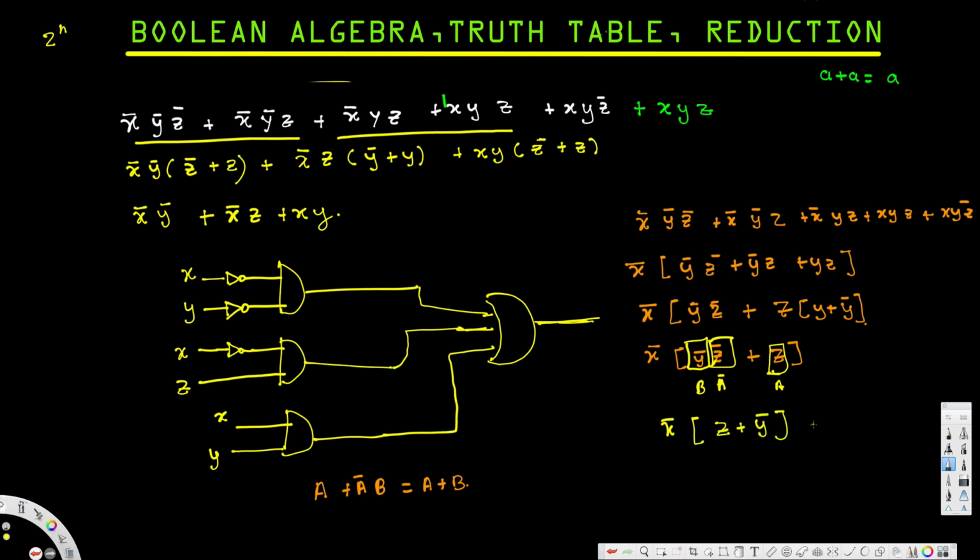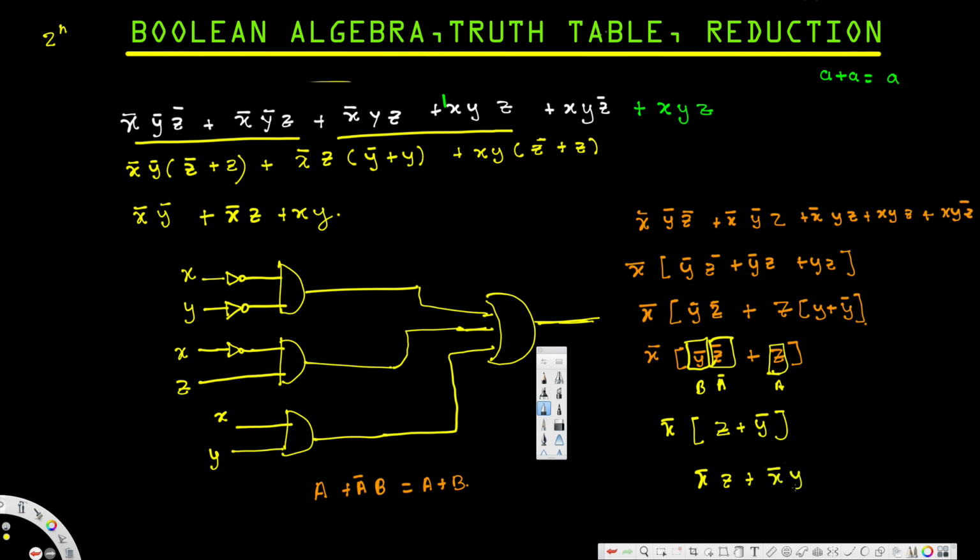So we can write this one like this. And if we expand it, this is going to be x bar z plus x bar y bar, that way it looks better.